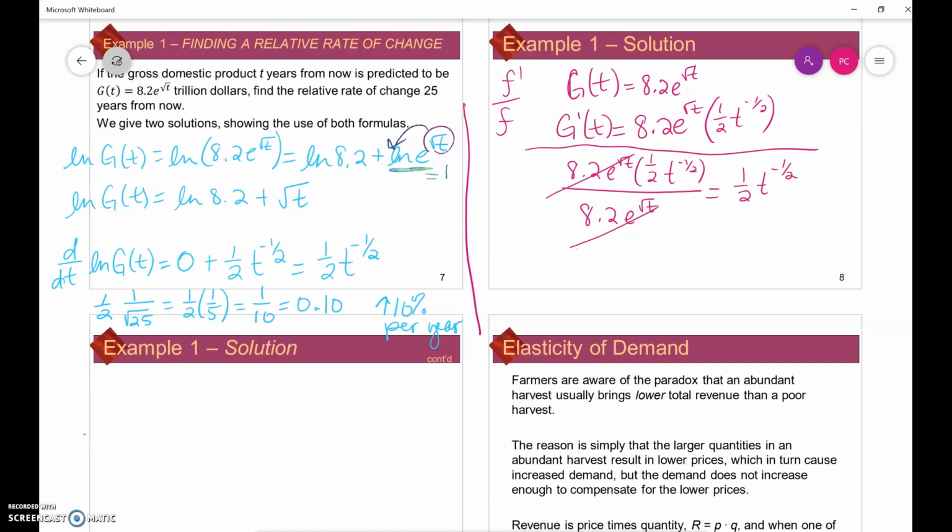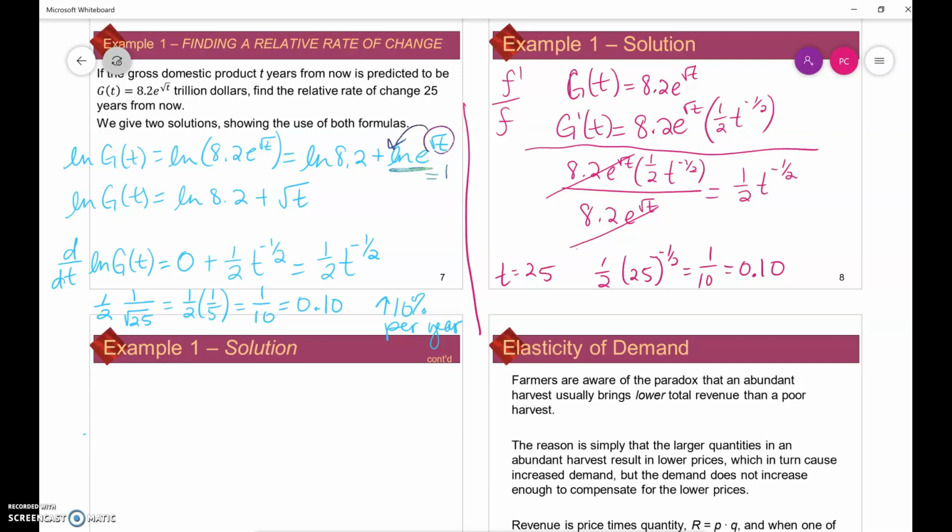Right? So we end up with the exact same thing. And again, at that time frame of t equal to 25, it would be the exact same thing. 1/2 times 25 to the negative 1/2 would be 1/10, or 0.10. And that growth rate is 10%, just like we found before.